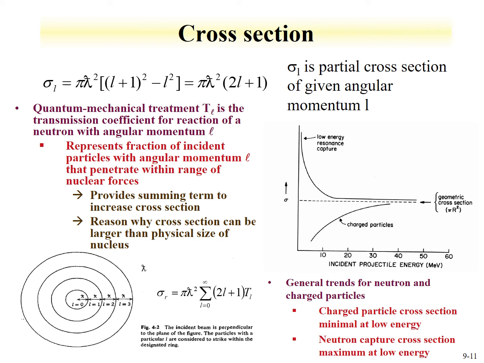And we can see that if we take this equation, which is for a given angular momentum, and expand it for all the angular momentums, this equation winds up expanding into this term. Fundamentally, the cross-section now expands to the different angular momentums. And this represents a summing term, which is the reason that the cross-section can be much larger than the geometric mean.